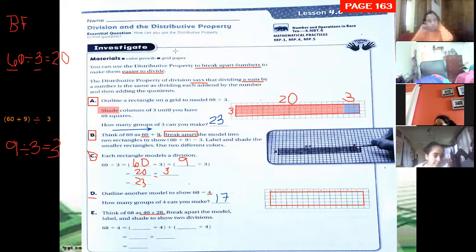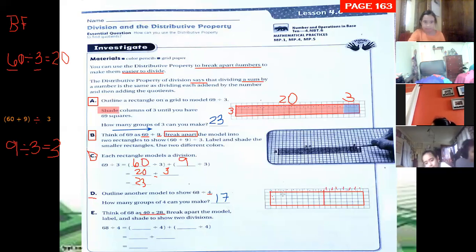Now, break apart the model. 28, break apart the model. So let's count here 7, okay? 1, 2, 3, 4, 5, 6, 7. And you draw the line here. 7 tiles, and you draw the line.